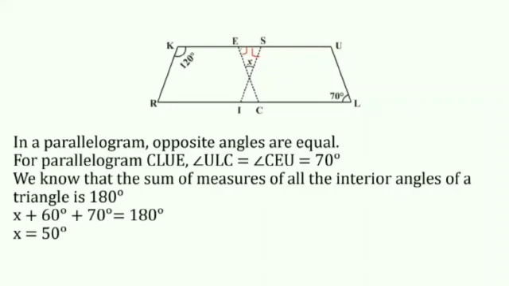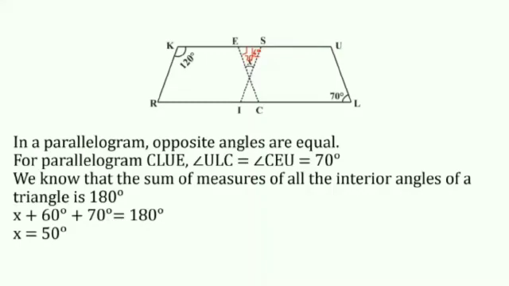We have calculated that this is 70 degree, and this S we have calculated is 60 degree. And this X we have to find out. So this is 70, this is 60, and this is X. And this is the triangle you can see.